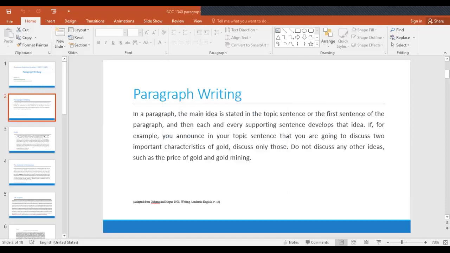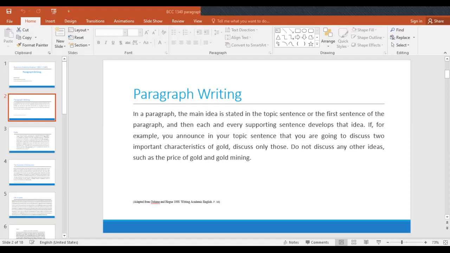It has a topic and also a controlling idea, and it comes as the first sentence of the paragraph. So at the very moment I see a topic sentence, I must get the message as to what this paragraph is actually going to be about, right?